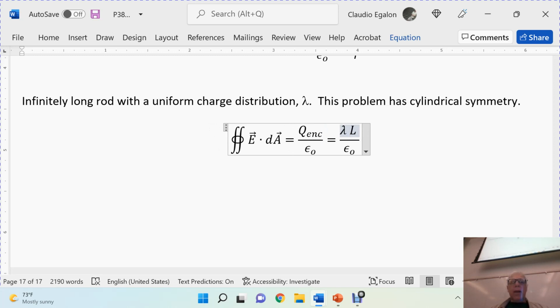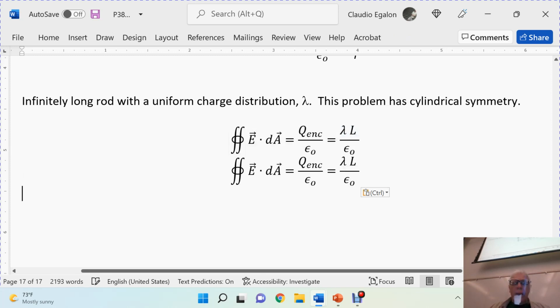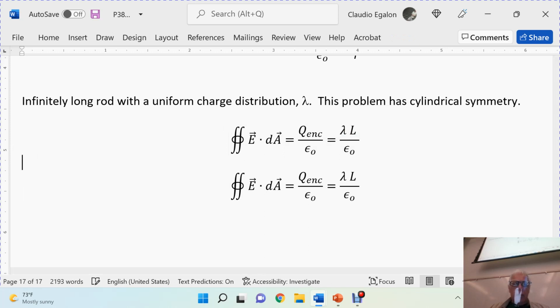We want to find the enclosed charge, so the enclosed charge is going to be lambda L. So the right side, we know. There's nothing else we can do with the right side. Let's see what we can do with the left side.